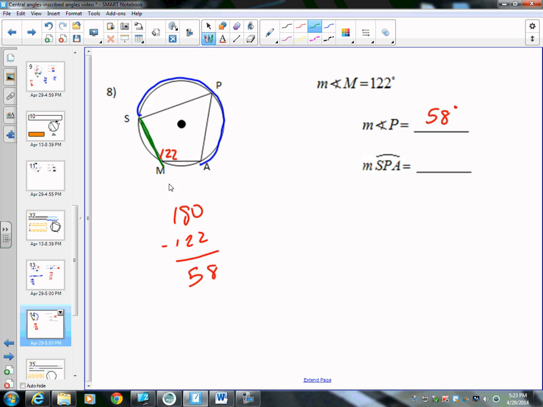S to M to A, this angle right here, includes this whole arc. This angle M, or SMA, 122 degrees, is an inscribed angle, meaning that it's on the side of the circle. So to find the arc, you just multiply your inscribed angle by 2. So we say 122 times 2, and we get 244. So that would be the measure of the arc SPA.